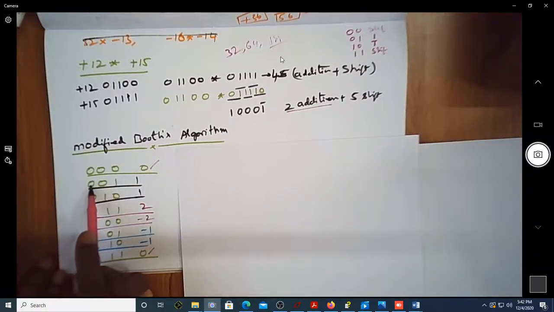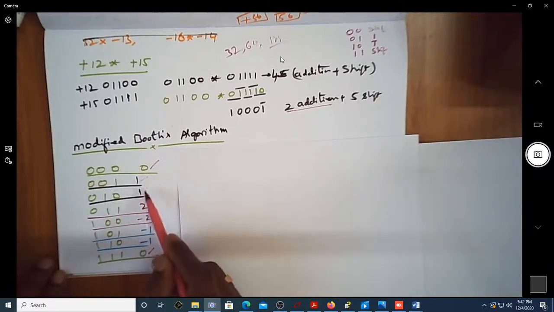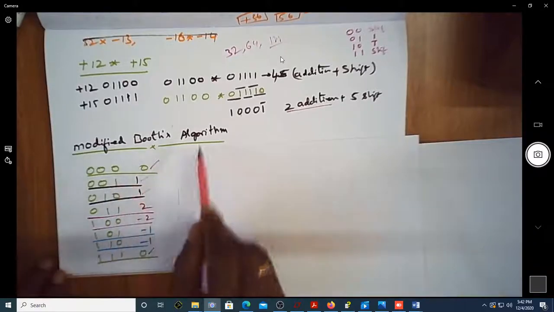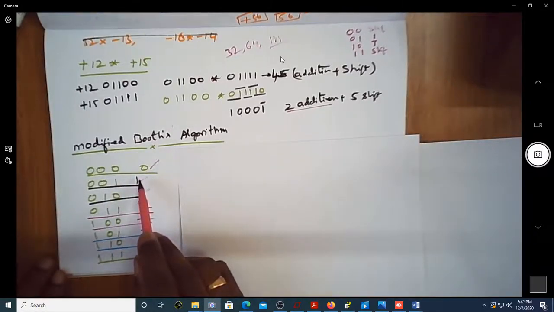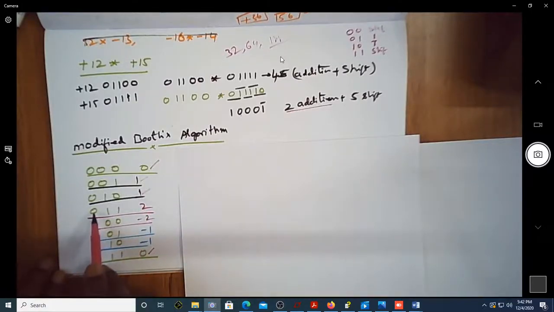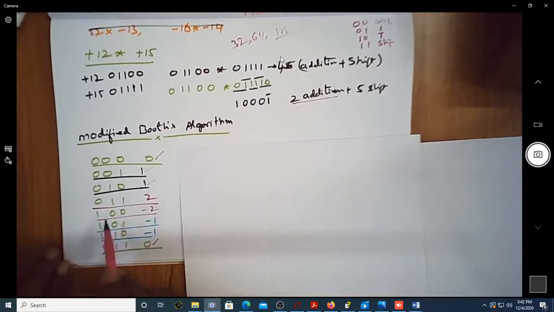If the grouping is 001 or 010, the corresponding modified Booth's multiplier digit is 1. If it is 011, it is 2. If it is 100, it is minus 2. If it is 101 or 110, it is minus 1, as we have discussed.